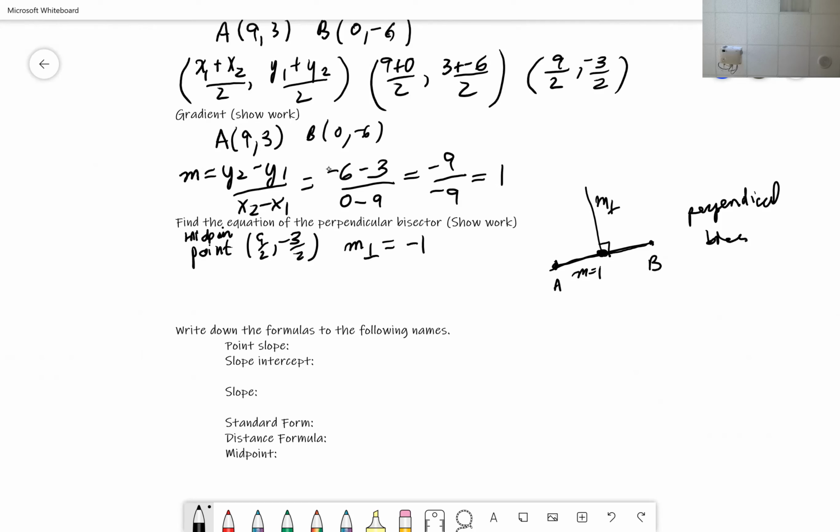So then you just go y minus y1 equals m times x minus x1. So you have y minus -3/2 equals -1 times x minus 9/2. You have y plus 3/2 equals -1 x plus 9/2.